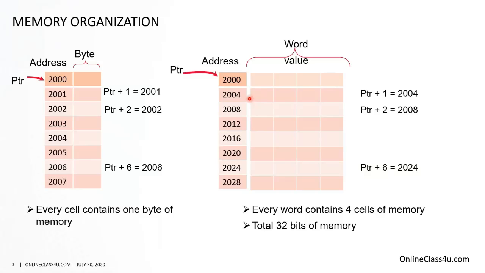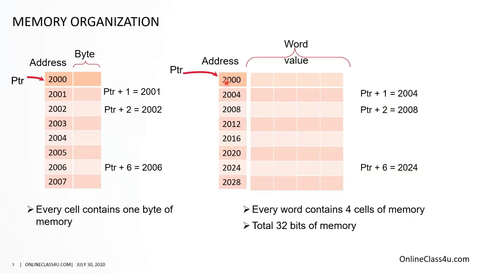The starting address of the second word will be 2004, the next will be 2008 and so on. So if PTR is pointing to the first address of this word memory, then PTR plus 1 will be 2004.